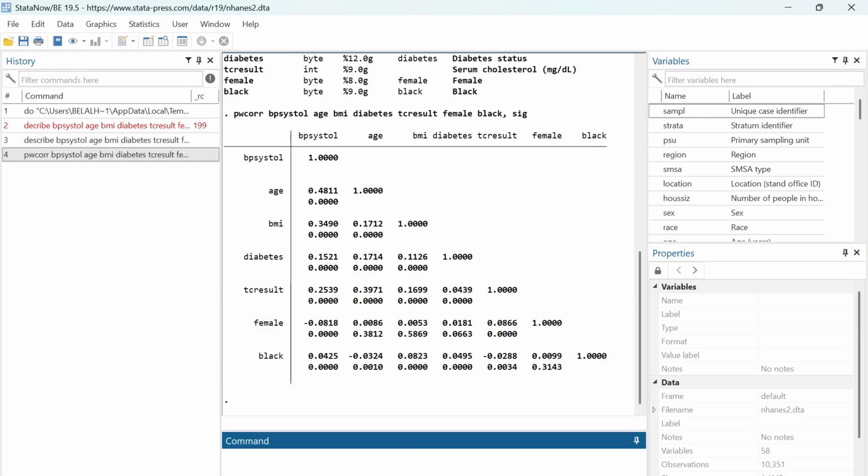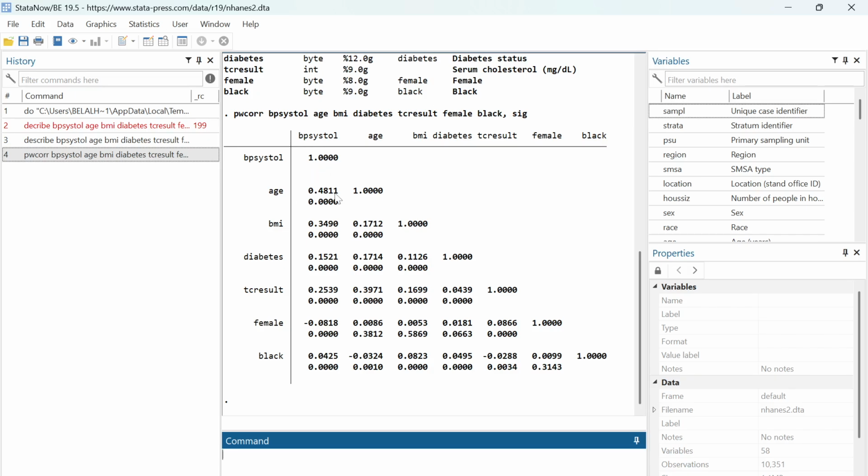Now let me explain this table for you. I'm not going to explain each one of them, but a few of them, so that you can get an idea of how these are interpreted. Look at BP systole and BP systole, the relationship between the two.